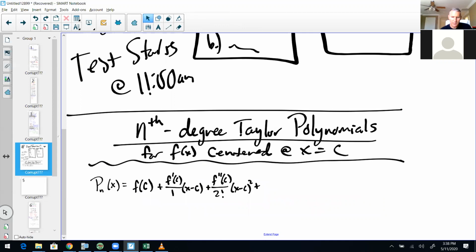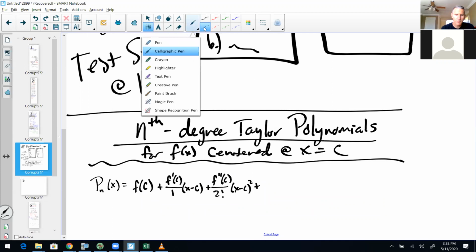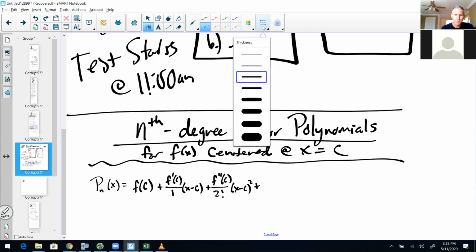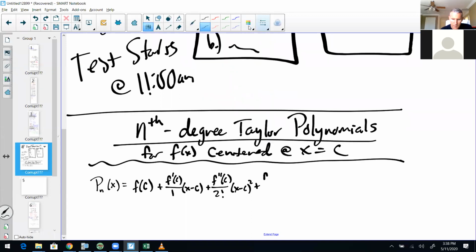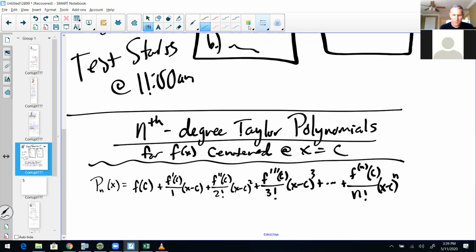Okay, so plus this guy is going to be f triple prime of c over 3 factorial times x minus c cubed plus dot dot dot plus the nth derivative of f evaluated at c over n factorial times x minus c to the nth power.